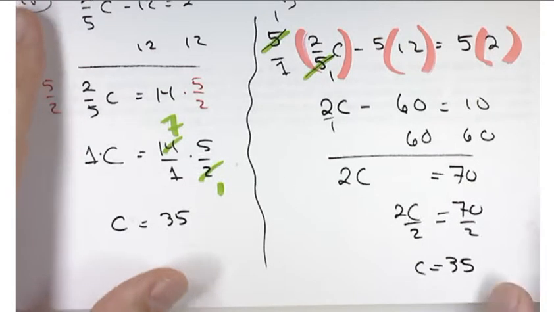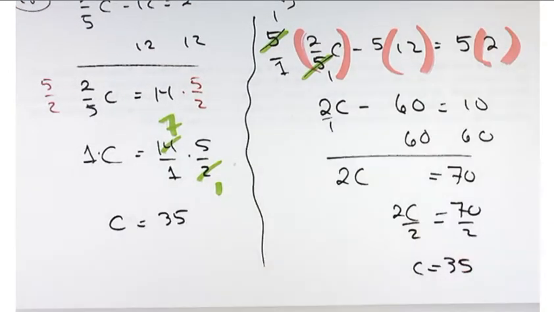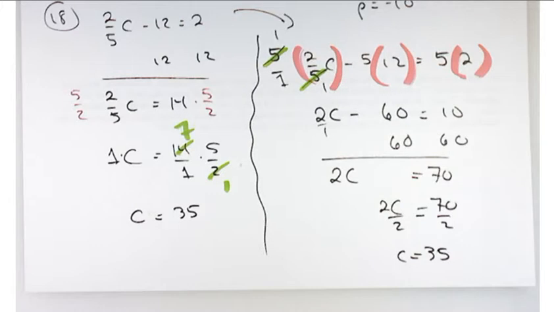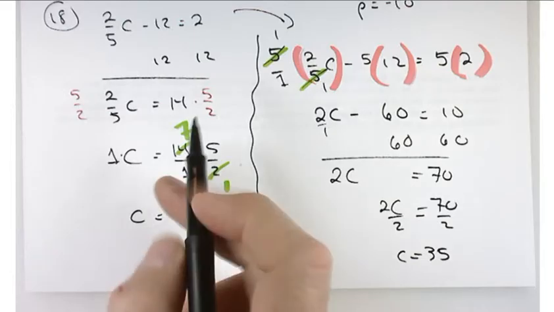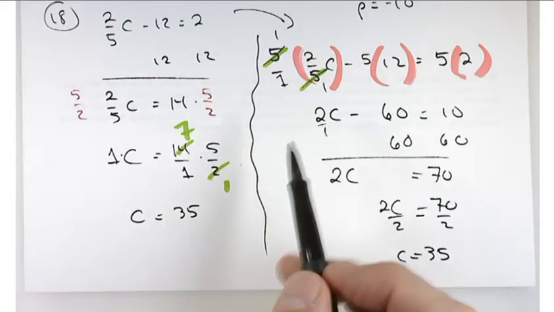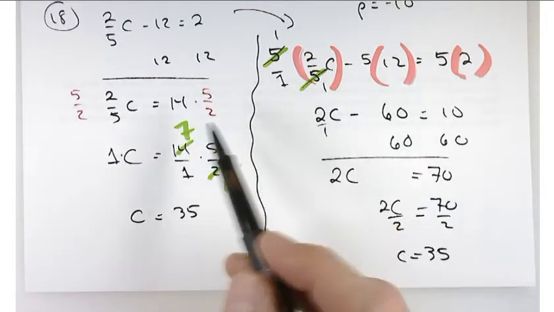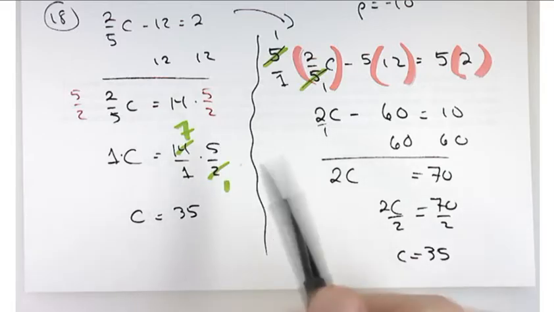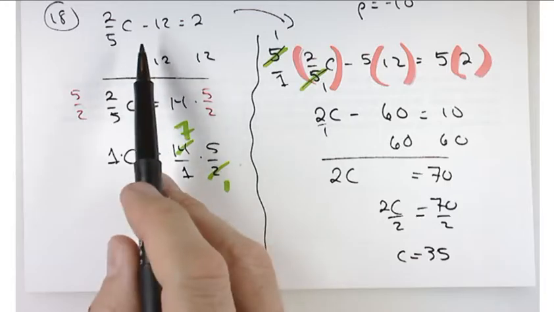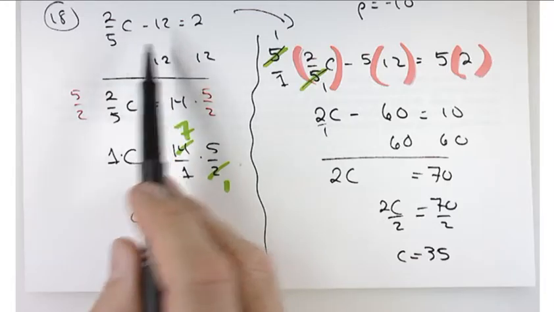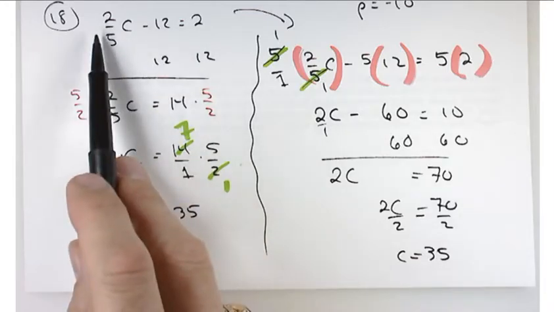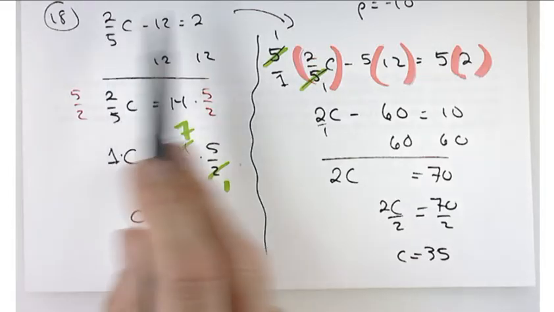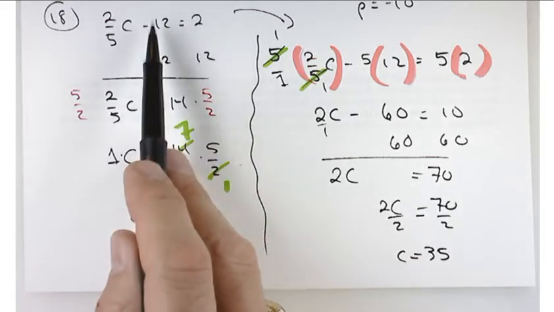If you're more comfortable just getting rid of the fraction, the denominator right away, that's great. This way works pretty good too. What you have to be careful of is sometimes people want to multiply by 5/2, and they'll multiply by 5/2 here and here, but forget to do it there.